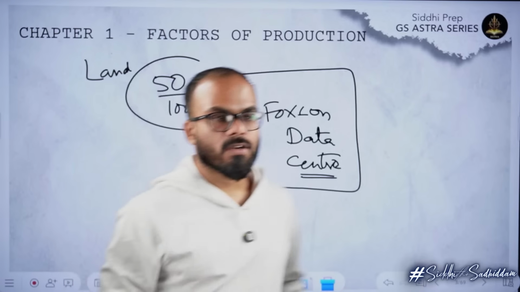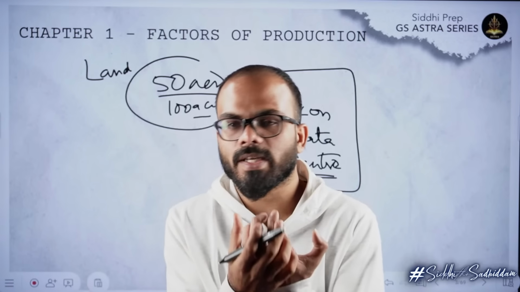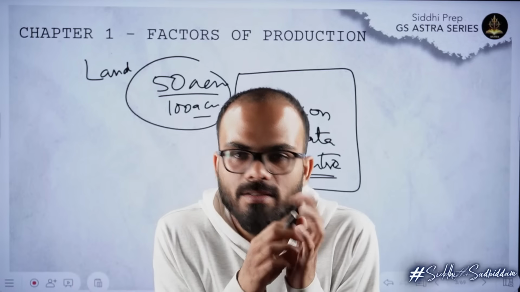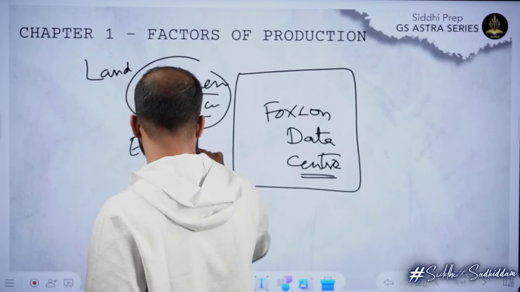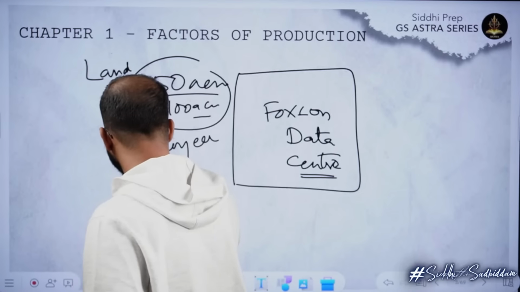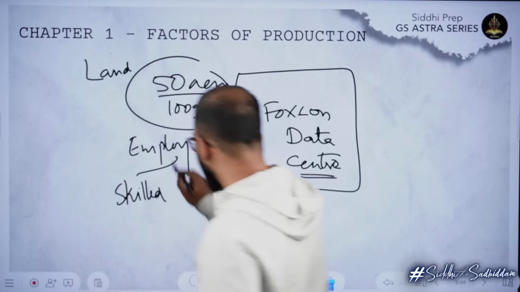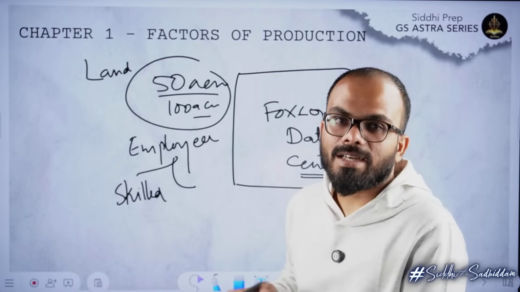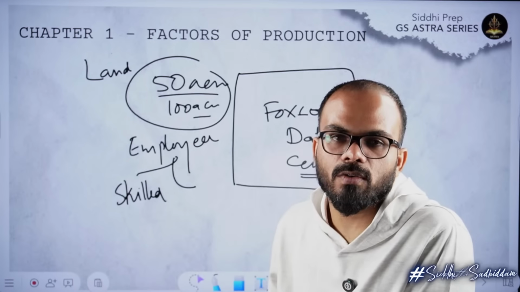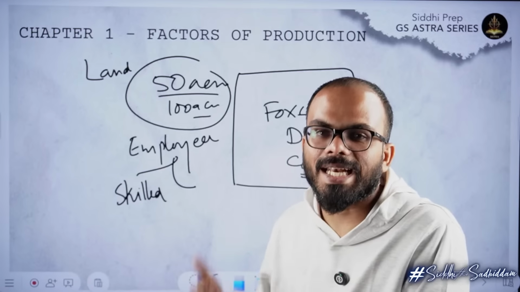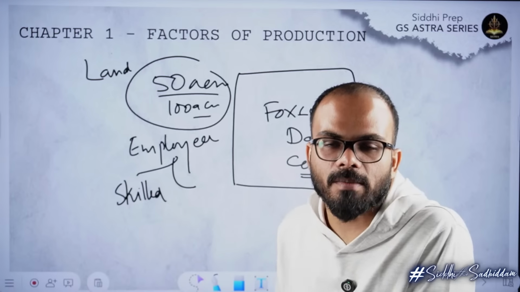Along with the land, what other things do I need? I need employees, skilled employees, and I also need maintenance staff for the building. I need someone who will ensure that the building is clean, electricity is good, water is good, plumbing is good.